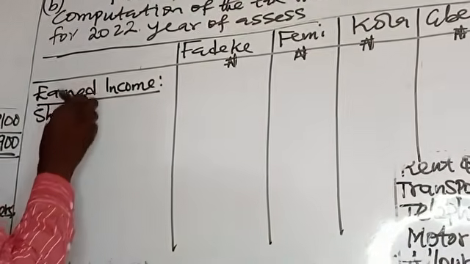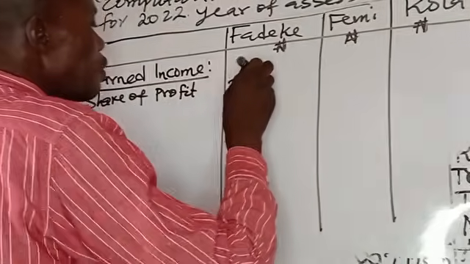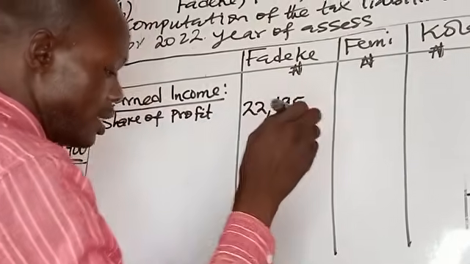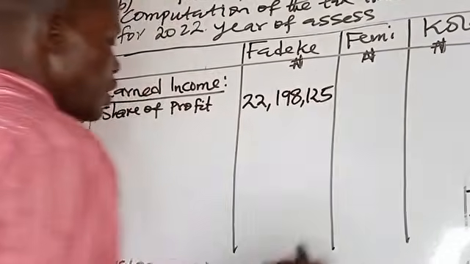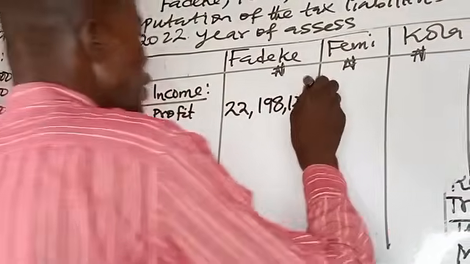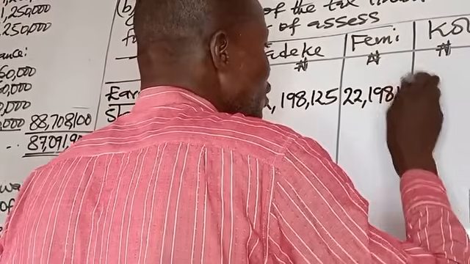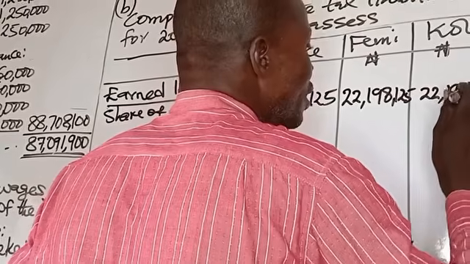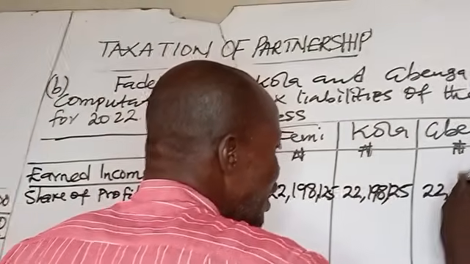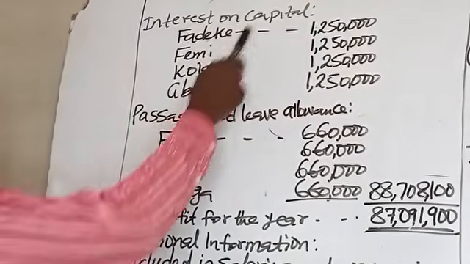So we have share of profit, 22,198,125 for each of the partners.